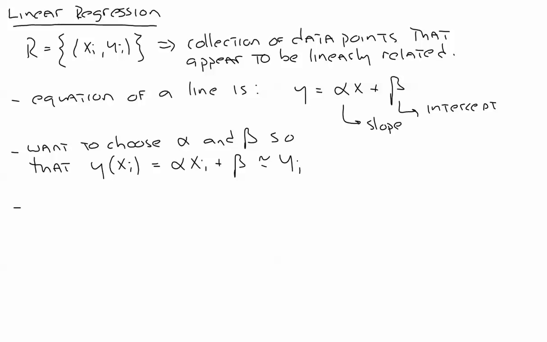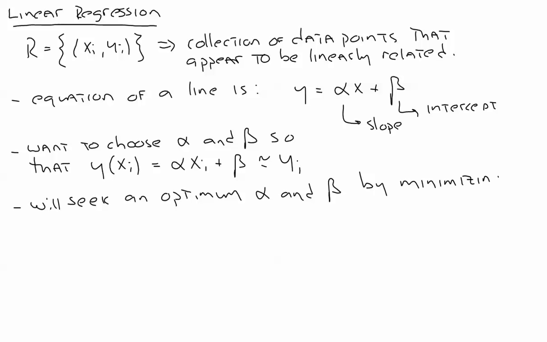All right, we'll seek an optimum alpha and beta by minimizing a collective error term that we're going to call little epsilon.